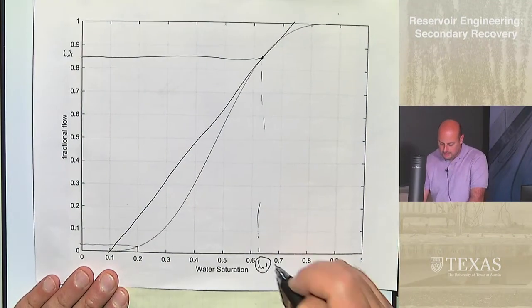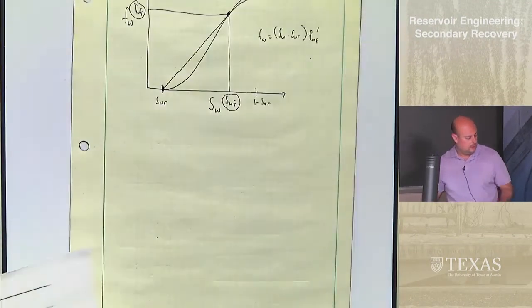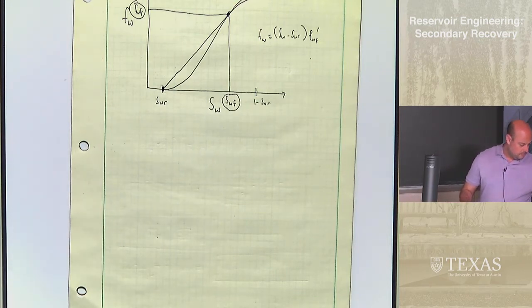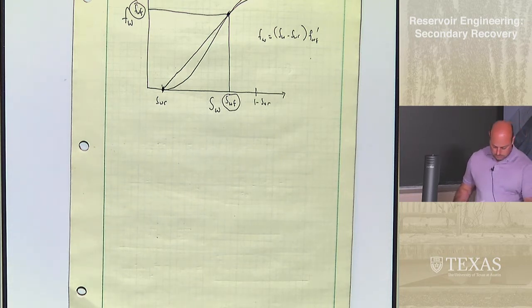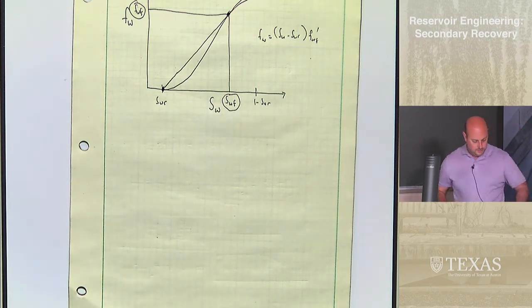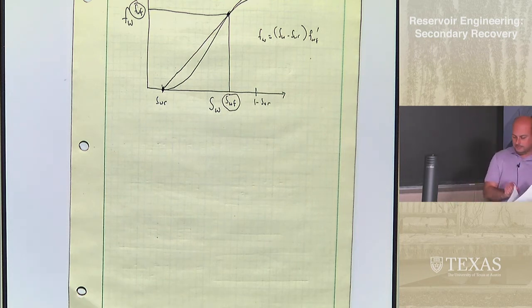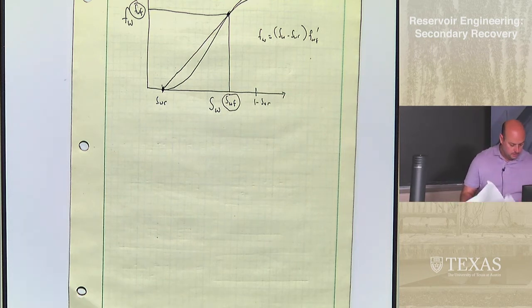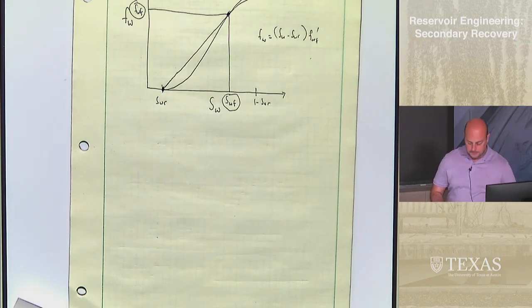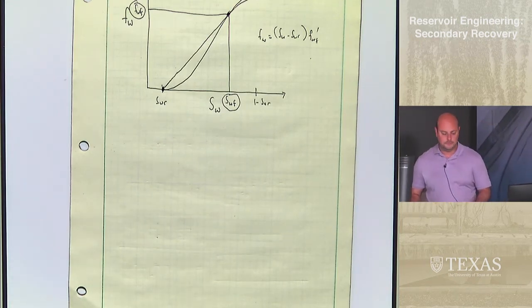So now you have SWF, and from that you can make all your plots, including maybe the most practical plot, which is, oh, I can't find the paper now. Oh well, maybe I left it, but it's going to be the oil recovery versus time plot.